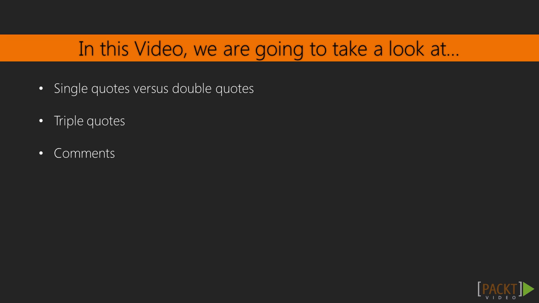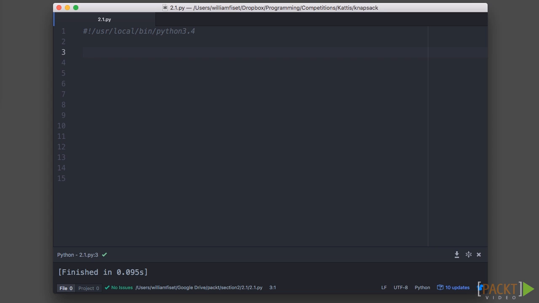So we will be looking at single quote strings, double quote strings, and triple quote strings, and what's the difference between each of those. And lastly, we will be looking at how to create comments using strings. We have already briefly seen strings, but in Python they come in two flavors.